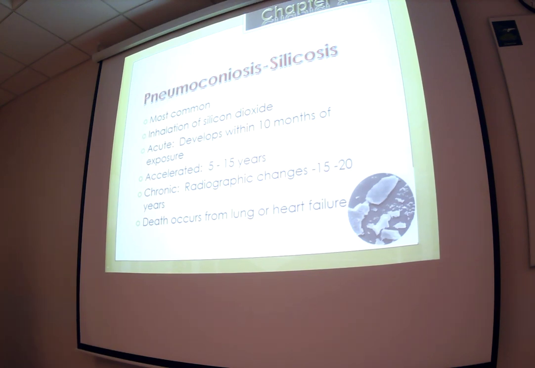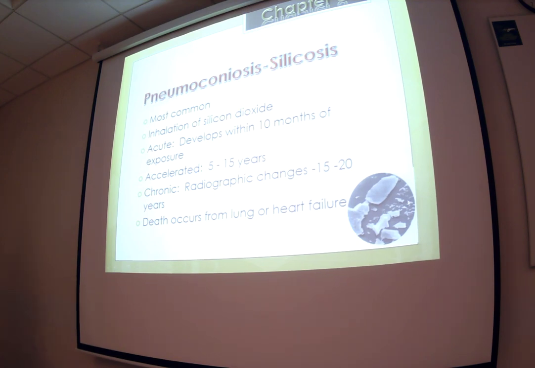Acute would be developed within 10 months of exposure. This is a very accelerated growth, if you will, where it's about 5 to 15 years before they will know the disease progression. They may not show symptoms for that long. Chronic, they'll see radiographic changes about 15 to 20 years after exposure.